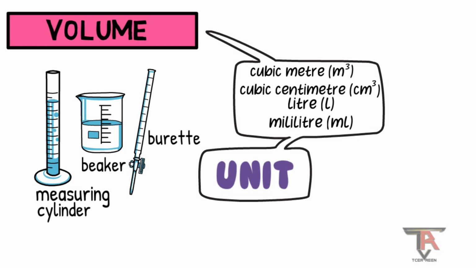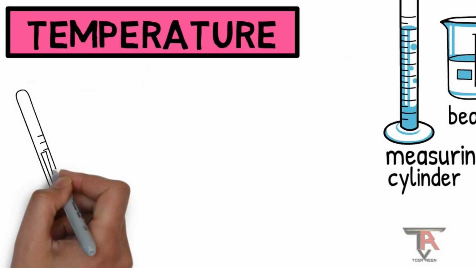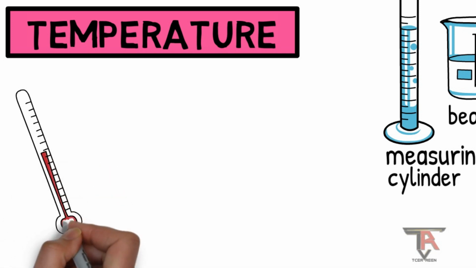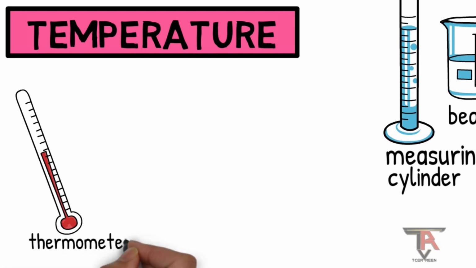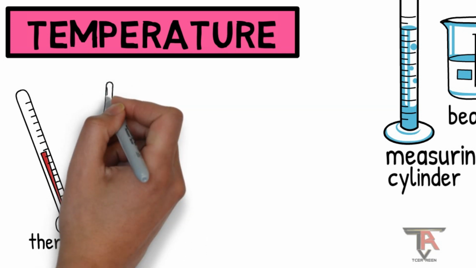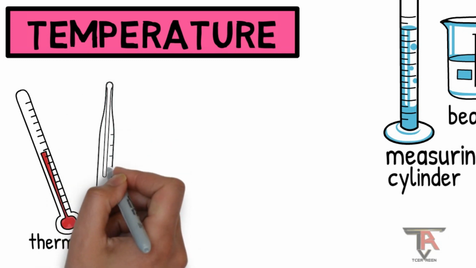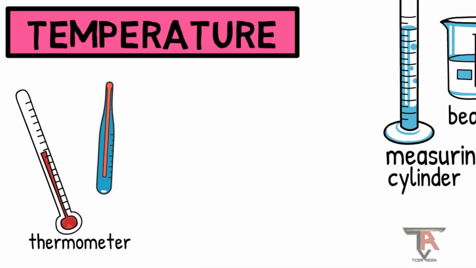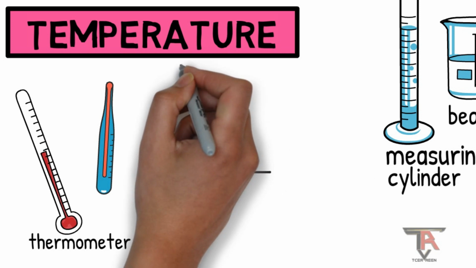How about temperature? Temperature is the degree of heat of an object. We always use thermometer to measure temperature. There are two types of thermometer. Laboratory thermometer can be used to measure temperature with an accuracy of 1 degree Celsius.